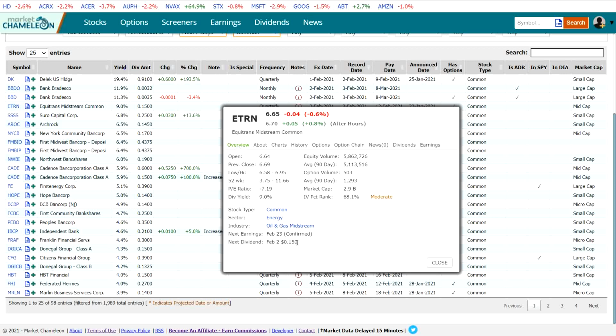It's all up to you. But in order to get paid, you need to hold shares 1 day at least. The maximum is 1 day before ex-dividend date at 4 o'clock Eastern time when the market closes. But that's pretty awesome. 150 bucks for every 1,000 shares that you buy, and maybe the price will go up.